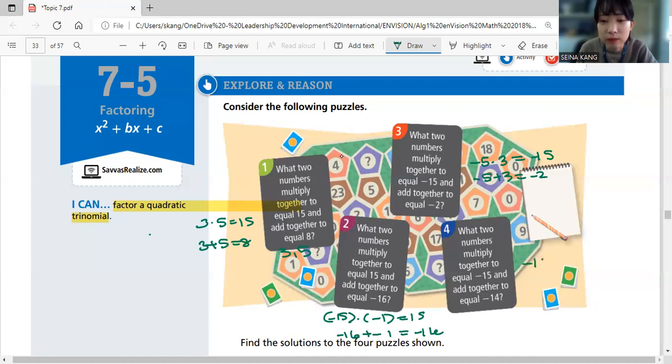So negative 15 times 1 is equal to negative 15, and negative 15 plus 1 is equal to negative 14. So the answer would be negative 15 and 1, negative 5 and 3, and negative 15 and negative 1 for number 2.